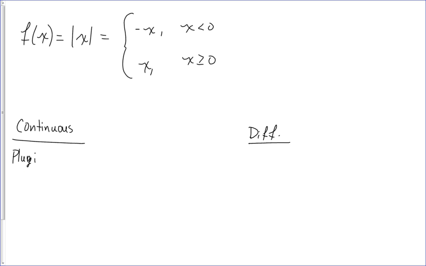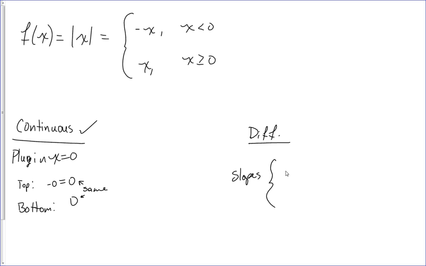So for the top, we get negative 0, which of course is just 0. And for the bottom, we get 0. So since the top is 0 and the bottom is 0, it is continuous.